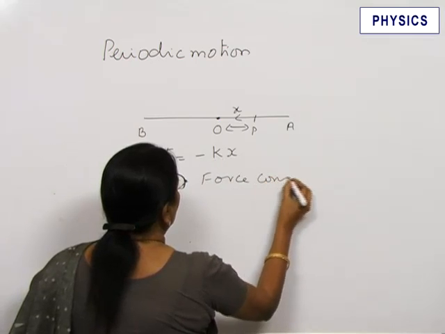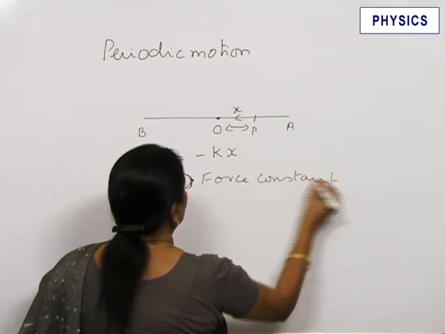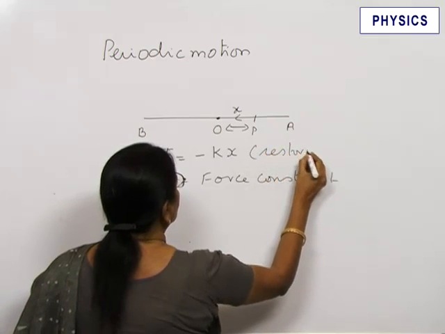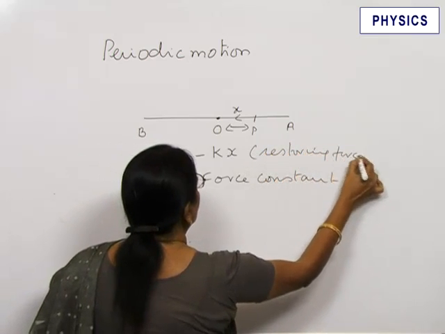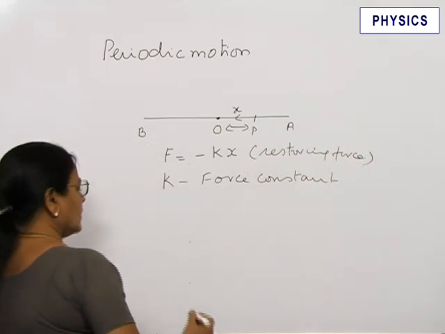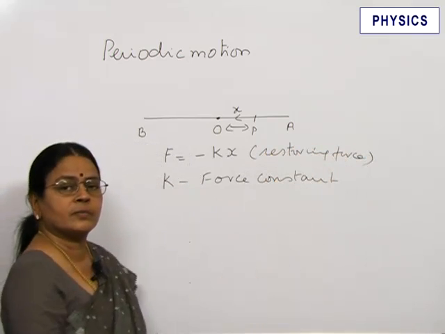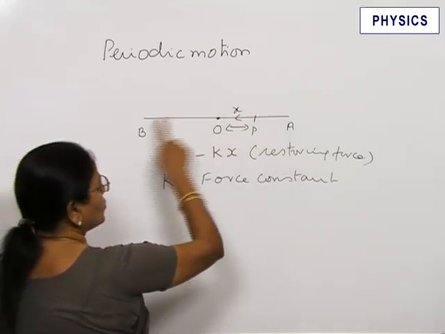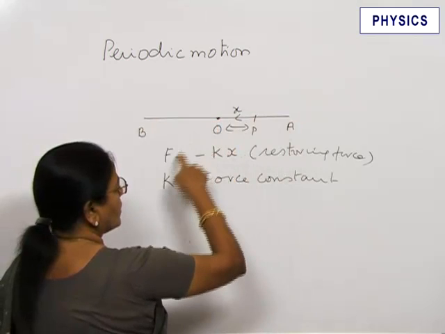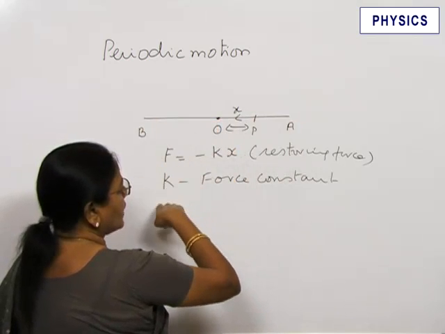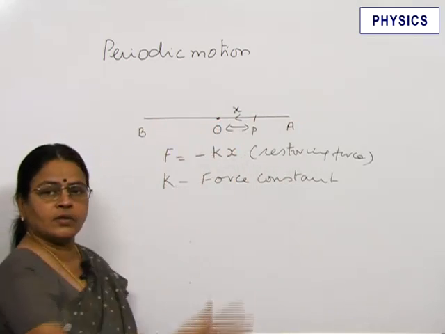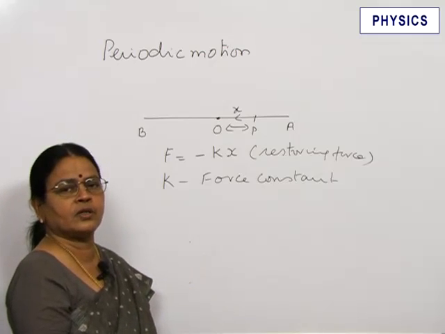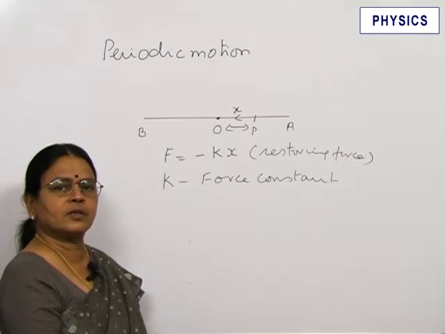So if the particle is under such a force, which is called the restoring force, then it is said to execute SHM. So simple harmonic motion can be defined as a to and fro motion about the mean position, such that the force and hence acceleration of the particle is always opposite to the displacement and directed towards the fixed point, which is called the mean position.